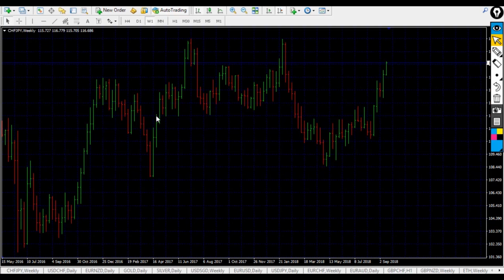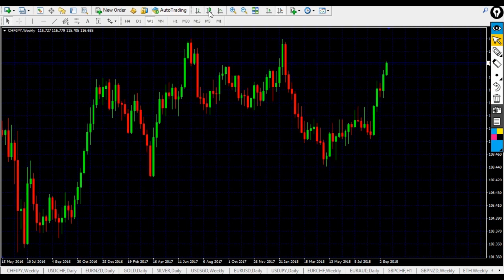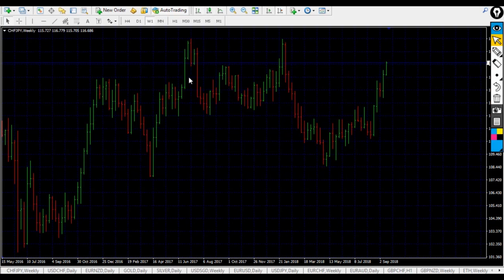It can be bar charts, which is what I prefer, or you can also use candlesticks, which is like this. It's literally the same, it's just a matter of preference. I prefer bar charts because I can see the opening and the closing level clearly. But either way, it's just a matter of preference, okay?